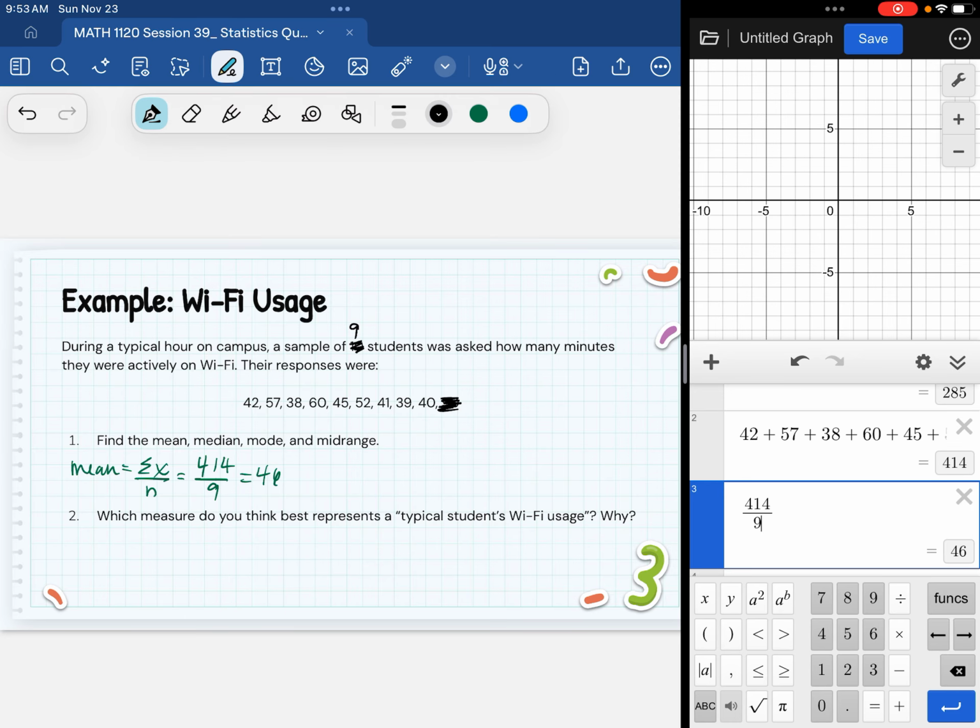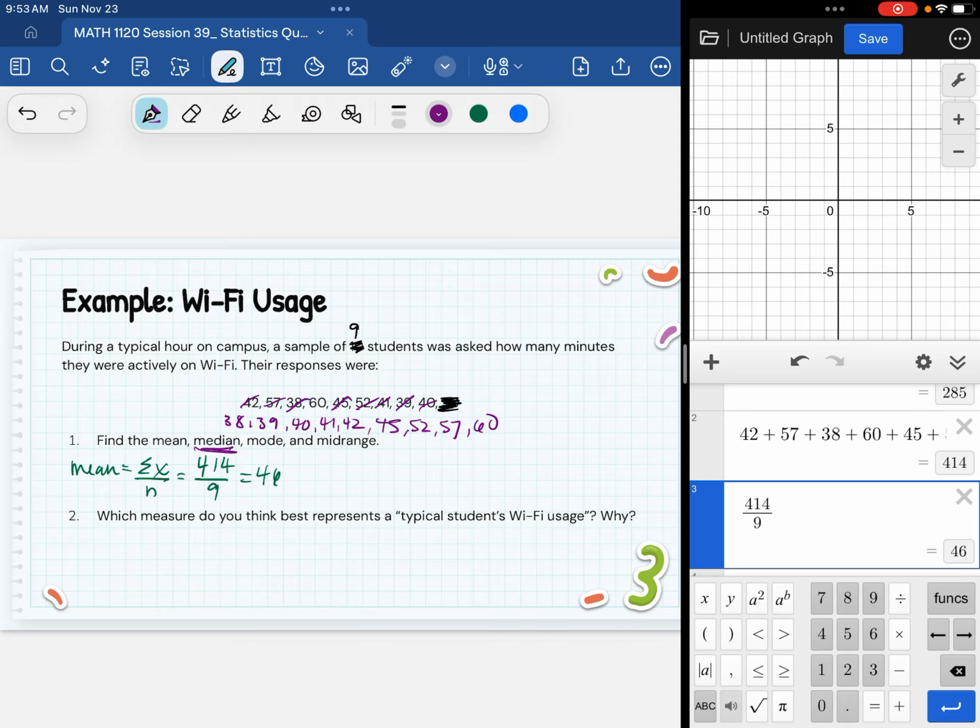Next, for our median, we want to make sure we have our data in order. So looking for the smallest value, I see a 38, then a 39, 40, 41, 42, 45, 52, 57, and 60.